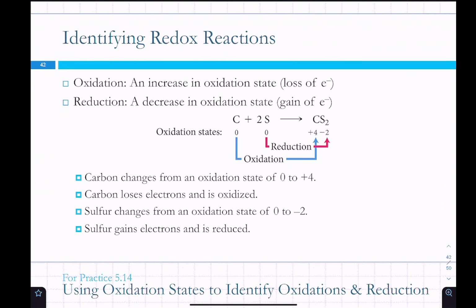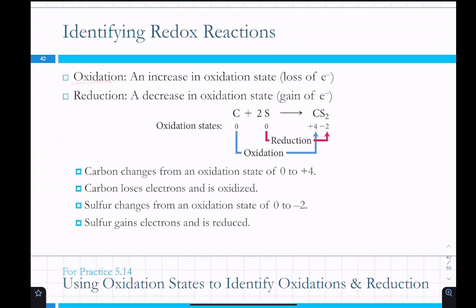So we need to know how to do that, because we need it in order to assign oxidation states in redox reactions and to see that those oxidation states change over the course of the reaction. Remember, oxidation is an increase of oxidation state, but it's a loss of electrons.